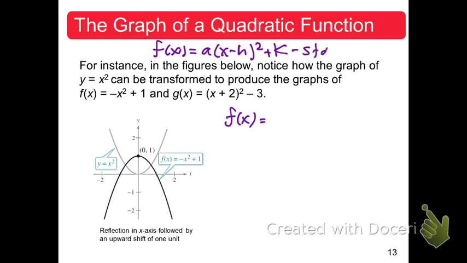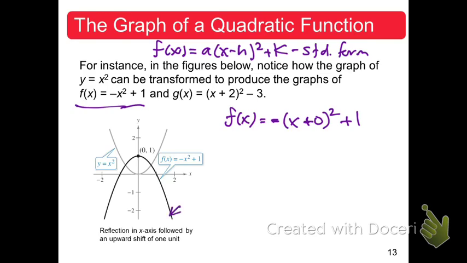So keep in mind, this is our standard form. Okay, and so if we look at f of x, we can rewrite this as a negative of x, and since there's no h here, we'll put plus 0, squared, plus 1. So if I see that in this form, I know that this negative tells me that my graph is going to be downward.